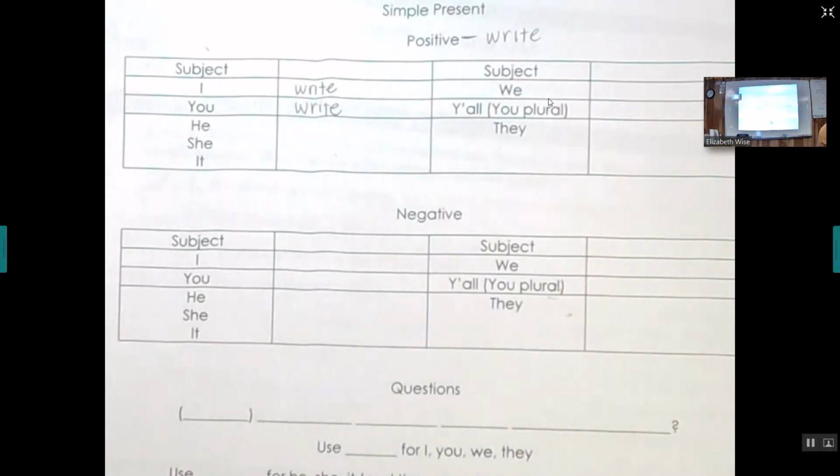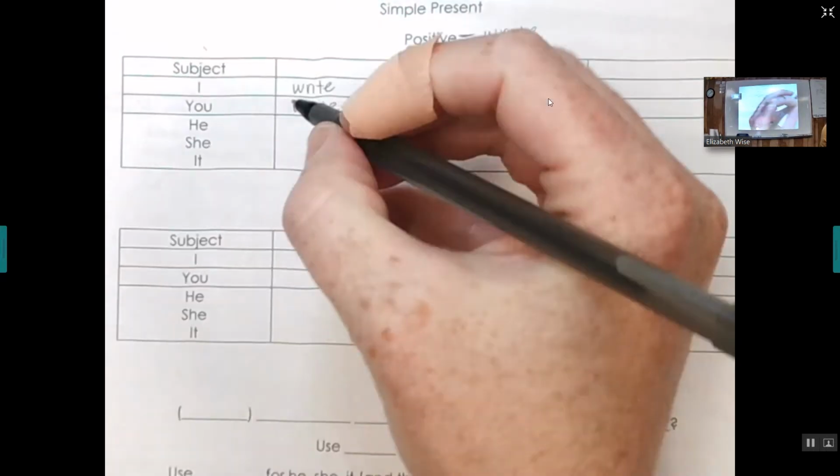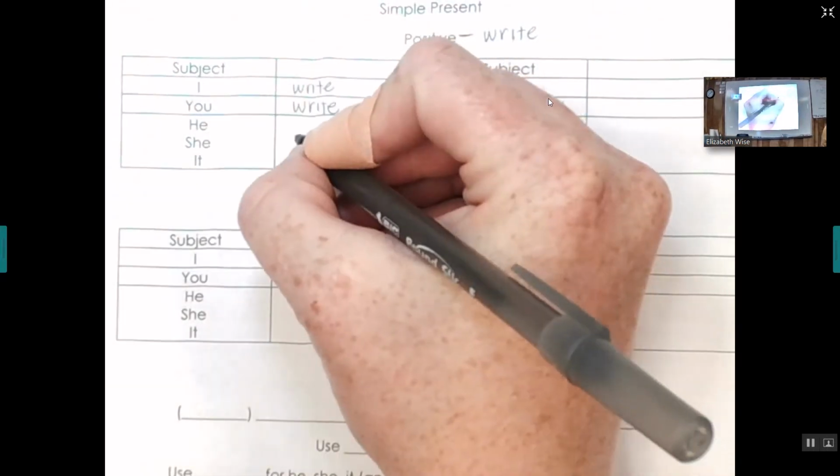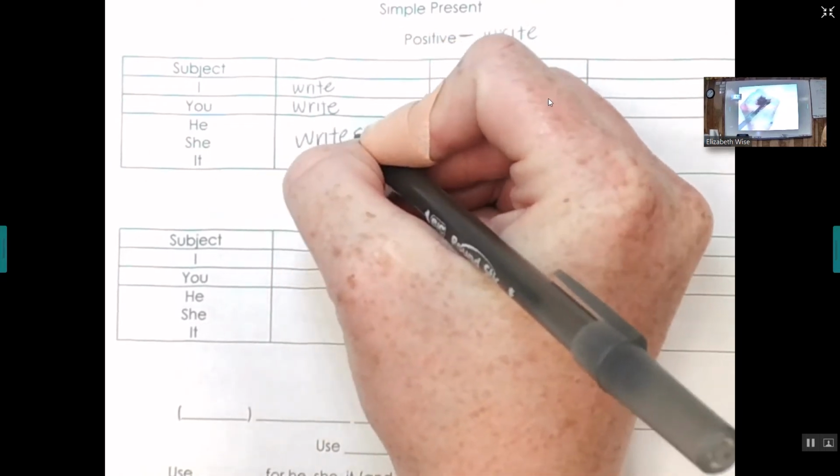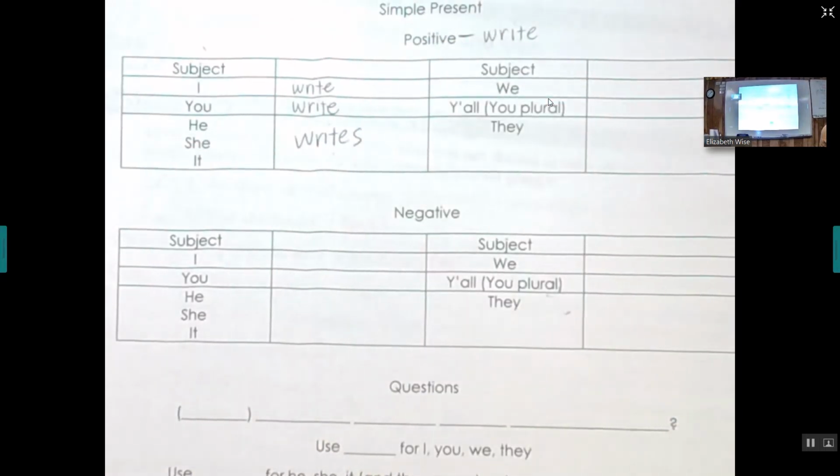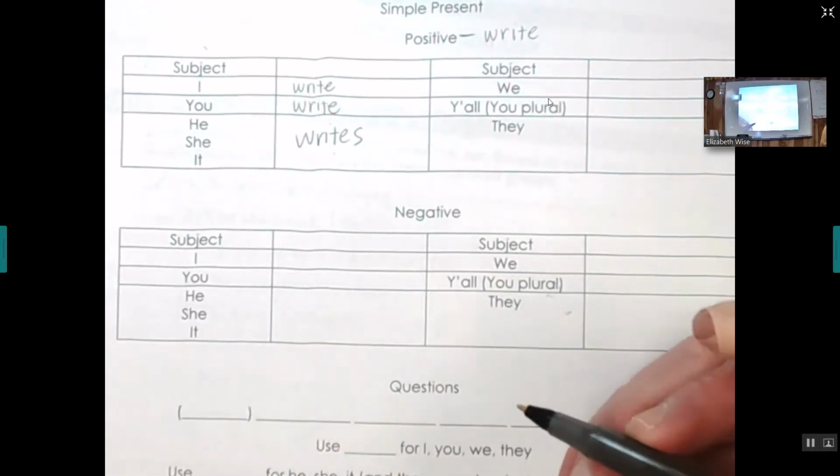The S. So the S, that's present continuous, which we're going to do on Wednesday. So for present simple, he, she, and it, so he writes with the S. So for he, she, and it, in simple present, you need an S on the verb.